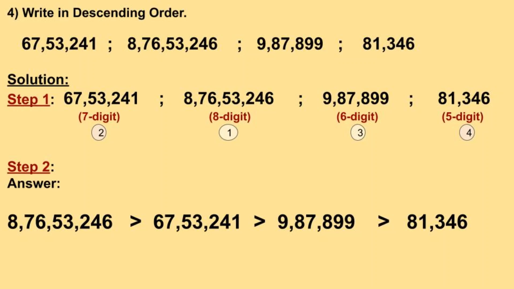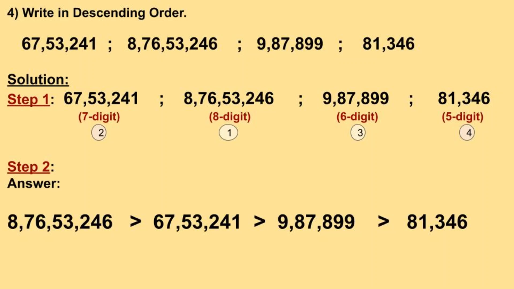That means the number that is 8 digit, 8 crore 76 lakh 53,246, is the greatest number among all other numbers. Here I have mentioned 1 since it is the largest number. So it has to be written in the first place.